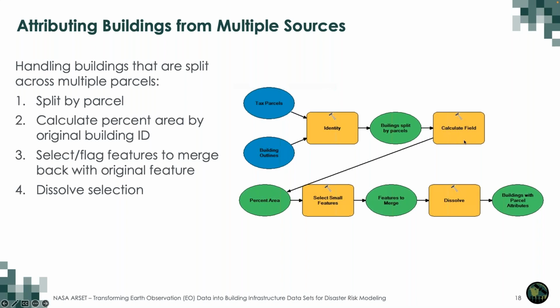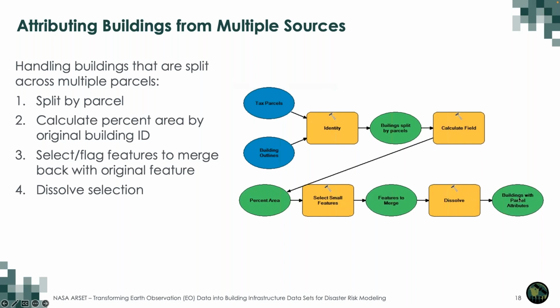We then calculated the updated area for each part of the buildings after they've been split as a percent, right? So a percent of the original building area that was split off. So if a building was split into two pieces, each piece would have a percentage of, let's say, 90% and 10%. And we ended up selecting small features with a percentage of 20% or less, and merging those back with the original building footprint so that they were not stored as a separate building. And that's the dissolve operation here.